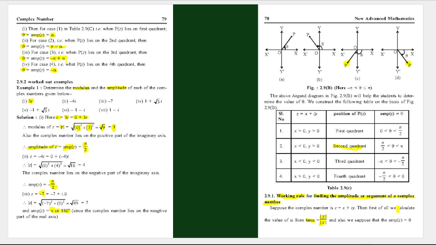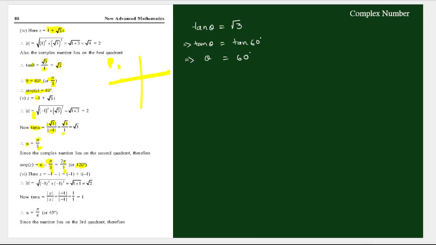First of all we calculate the value of alpha from this one. You can also do it for the positive one using this formula, but the answer will be the same. So taking theta directly saves time.